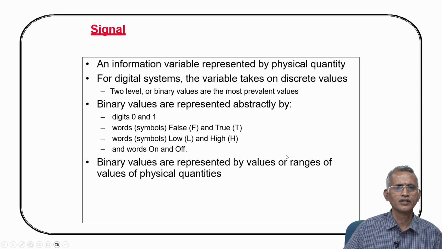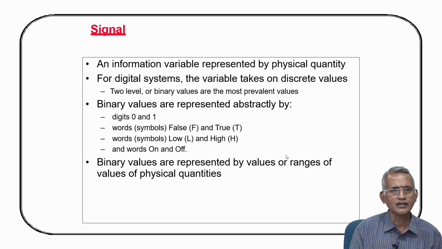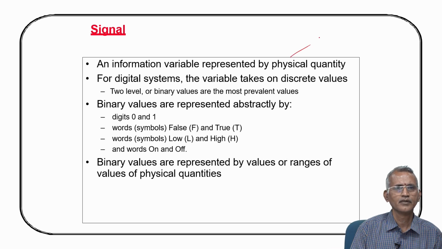Now, we have to discuss the signal. The signal has the following ideas: an information variable represented by a physical quantity. For digital systems, the variable takes on discrete values; 2 levels, or binary values, are the most prevalent.